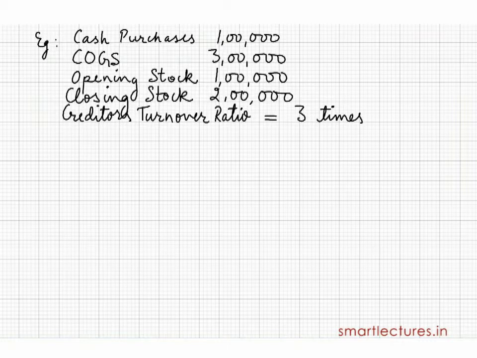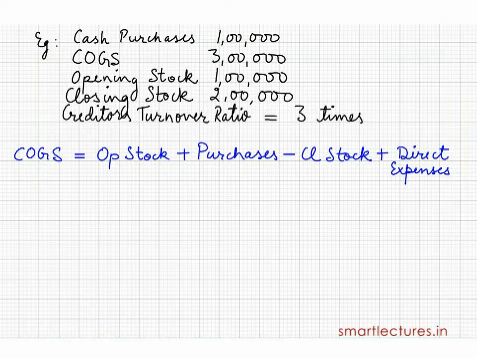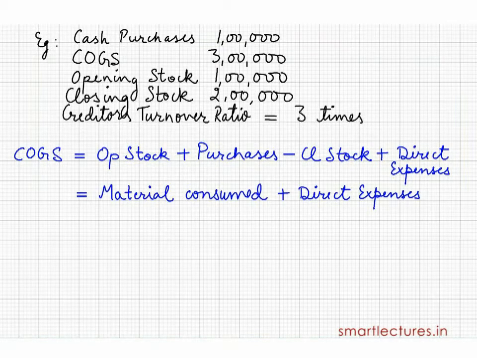Now think of a formula where purchases or credit purchases are involved. That is cost of goods sold. You know the formula of cost of goods sold is opening stock plus purchases minus closing stock plus direct expenses, or we can say material consumed plus direct expenses.